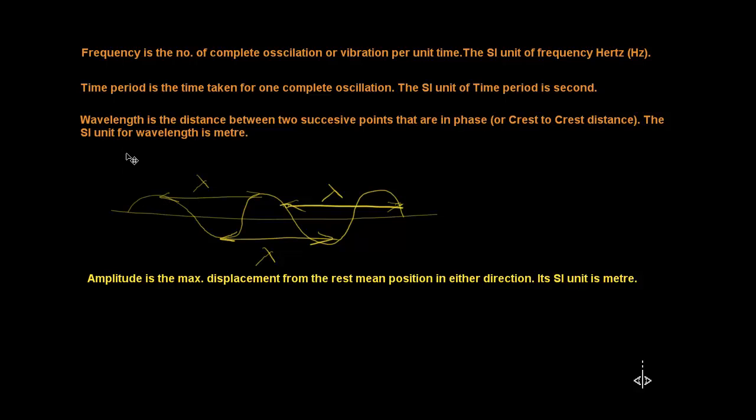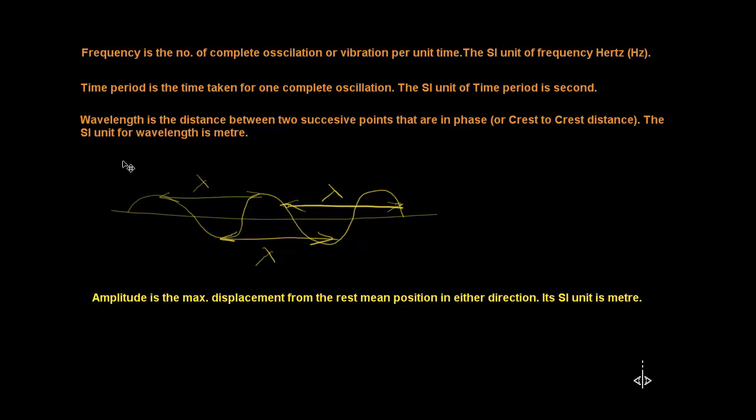So if this would represent the displacement, I mean the y-axis, the amplitude would have been this distance or this distance. It can be in the negative direction as well. So we just take the magnitude, not the direction, be it positive or negative. It can be in either direction.